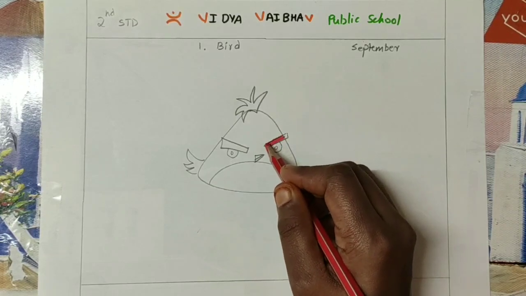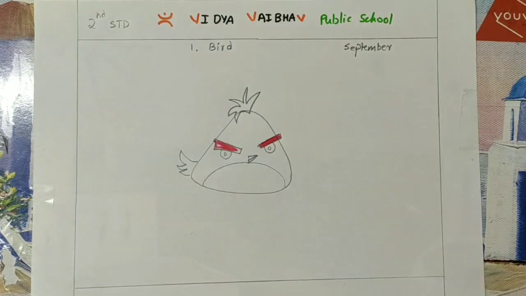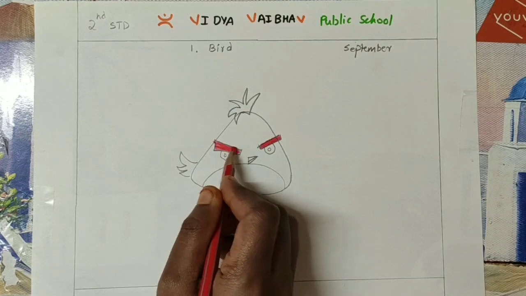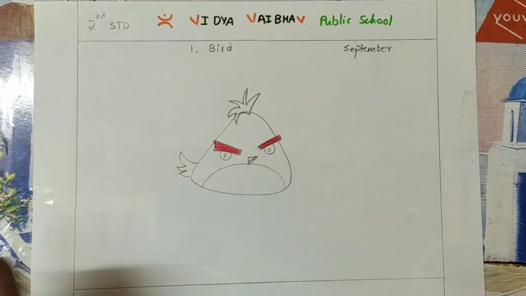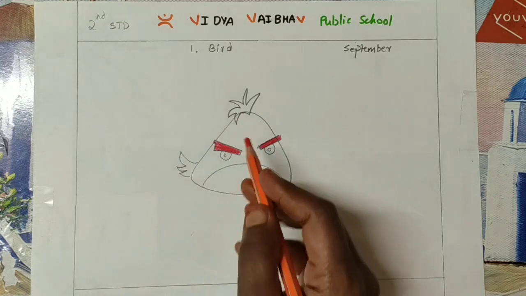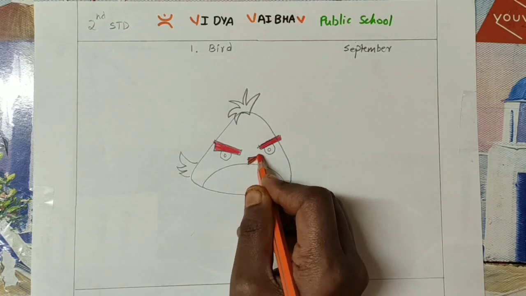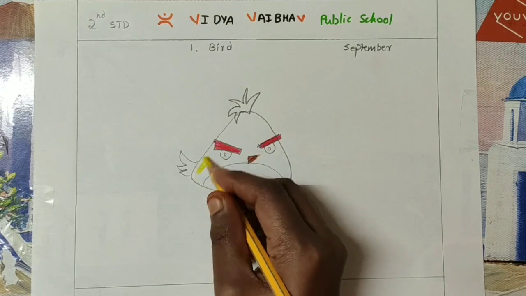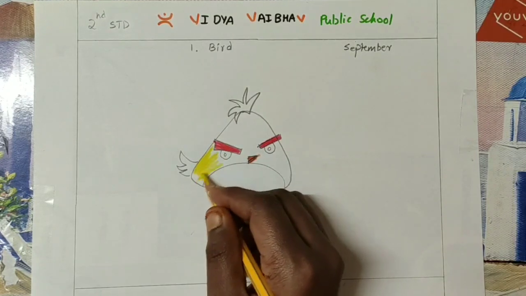Okay, so here for the eyebrow I'm using a red color. For both the eyebrows I'm using a red color. And then for the beak you should use orange color. And for the complete body of the bird we are going to use which color?